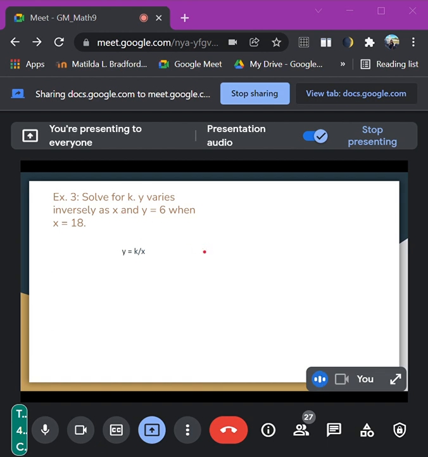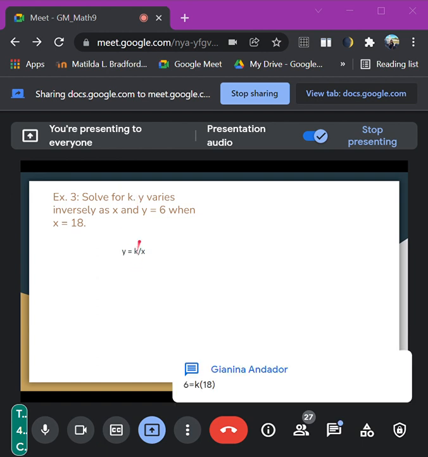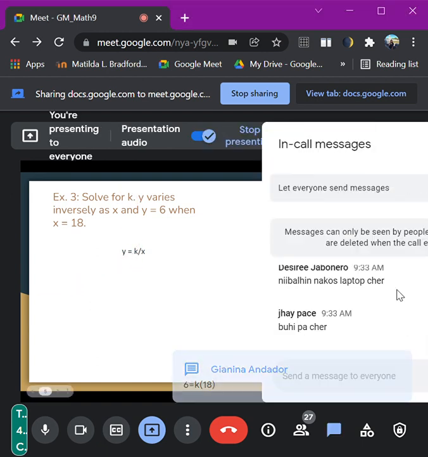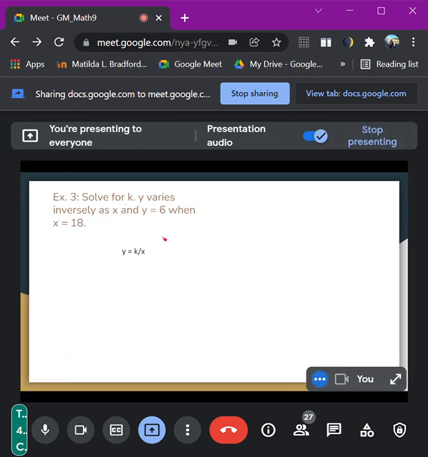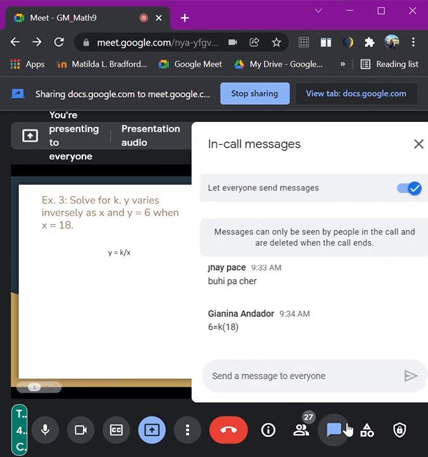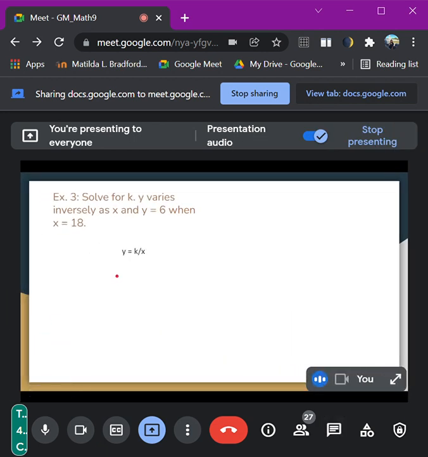And then this time you will have y is equal to 6 and x is equal to 18. So what we need to find here is to solve for k, meaning we get the k. Okay, very good. We have from Andador 6 is equal to k over 18. So you have there, we just substitute.